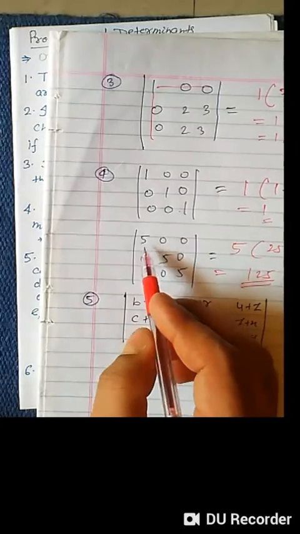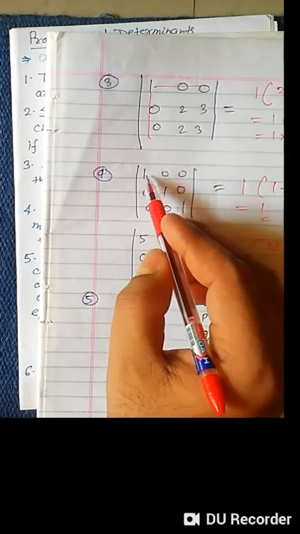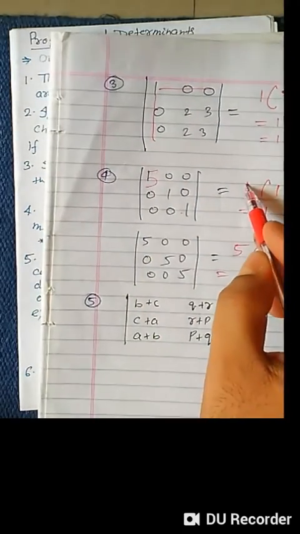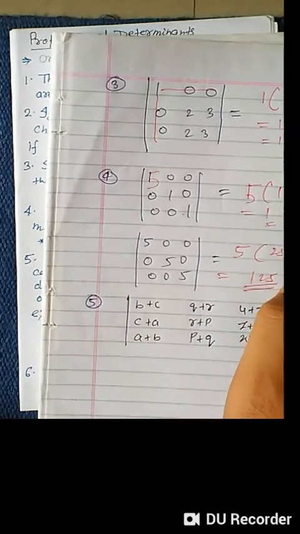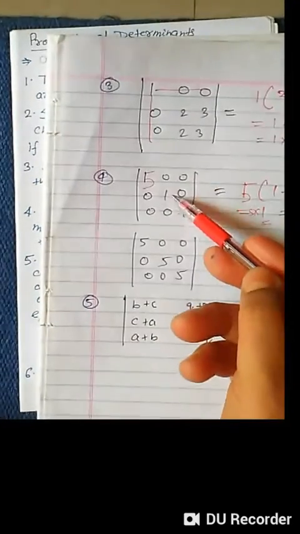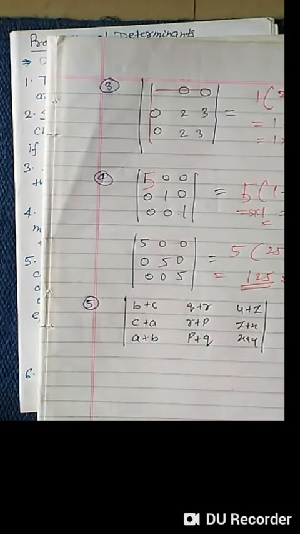If one row of this is multiplied by, suppose 5, then what will be its new value? Its new value will be 5 into 1 minus 0, that is 5 into 1, and that is 5, means 5 times the original value. If each row of this is multiplied by 5, then 5 into 5 into 5, it becomes 125 times.